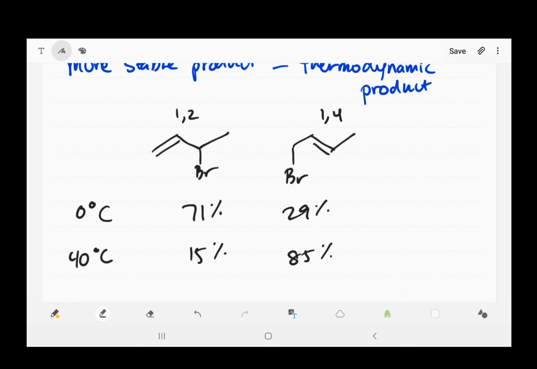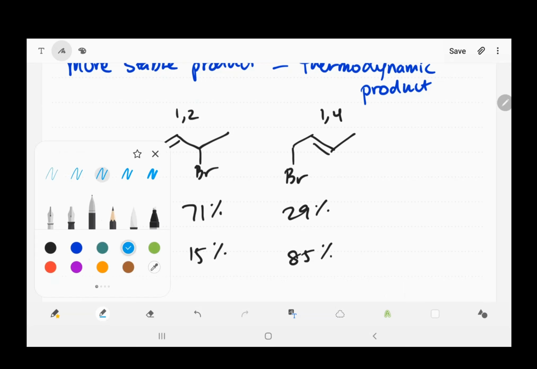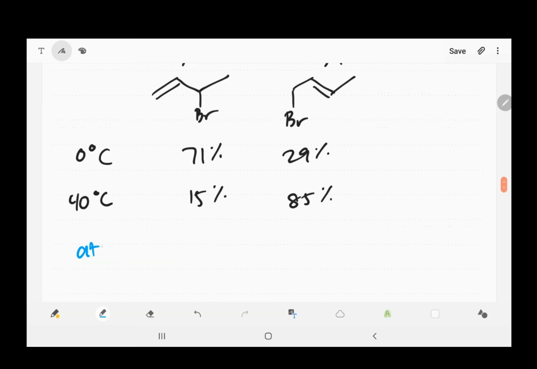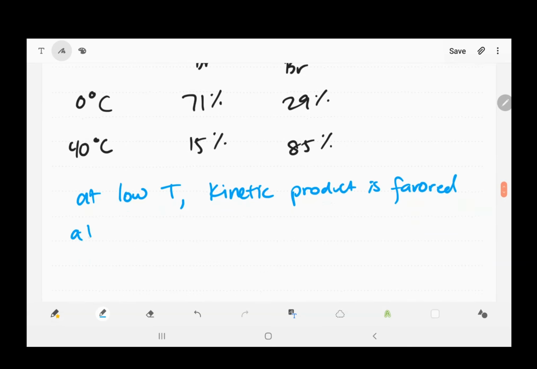So we see at lower temperature, the kinetic product is favored. But at high temperatures, the thermodynamic product is preferred.